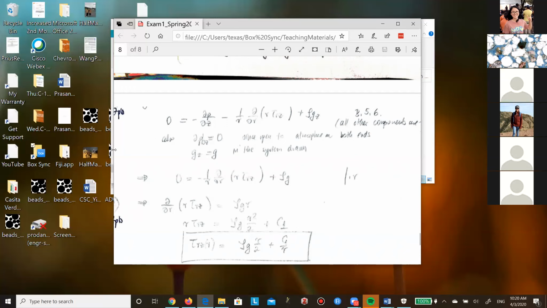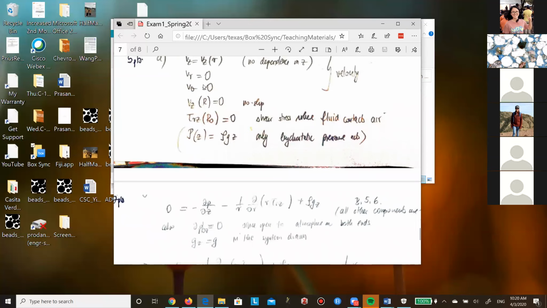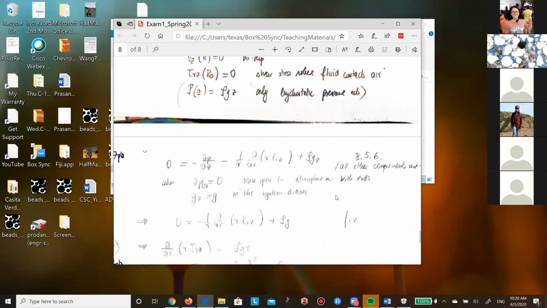So basically, when I kill all of the terms that are derivatives with respect to time, or that have V theta and Vr in there, which are both 0, then what's left is this equation. My dP/dz is also 0 because I'm open to atmosphere at both ends, and those boundary conditions are the same.